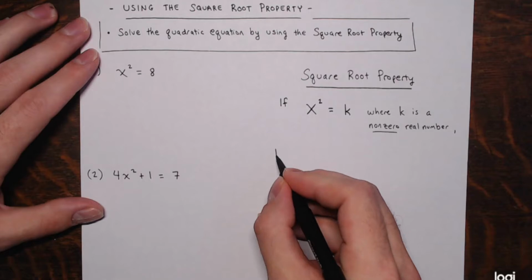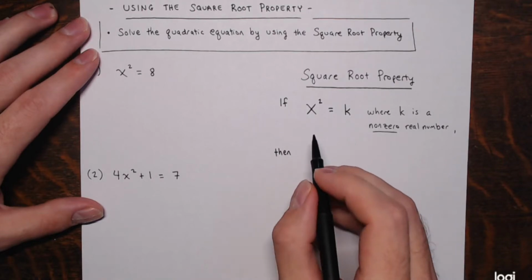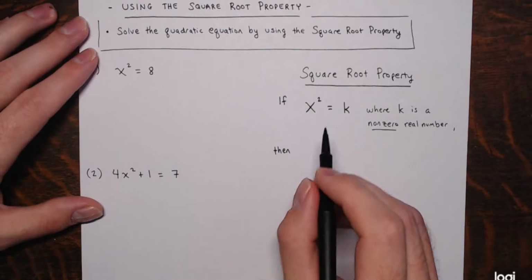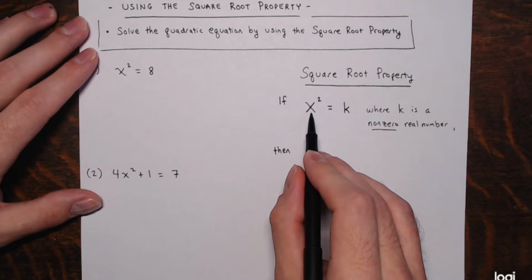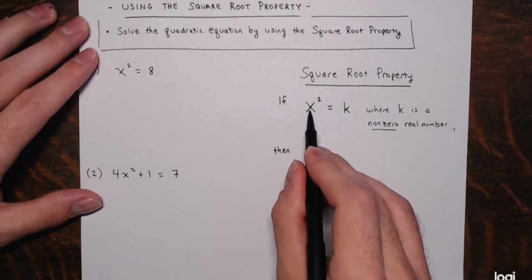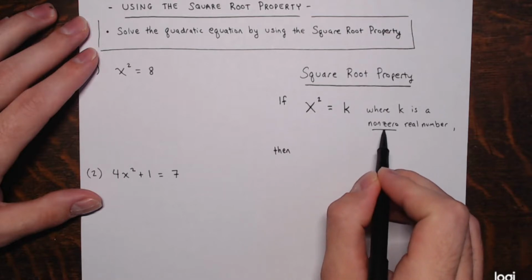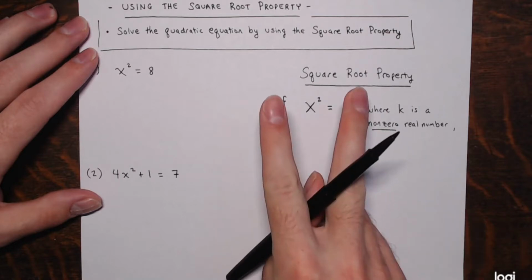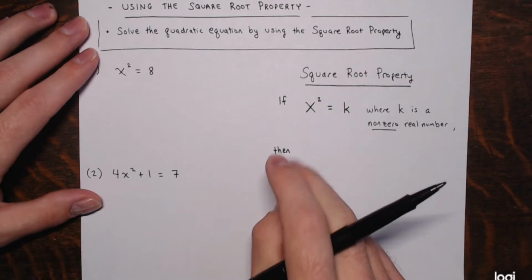then there are going to be two, basically if X squared equals K, then X, right, or whatever this expression is that's being squared, X can be one of the square roots of K. Remember, every non-zero number, every non-zero real number has two square roots, a principal square root and then the opposite of that.